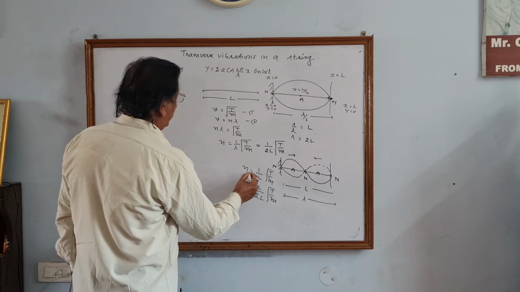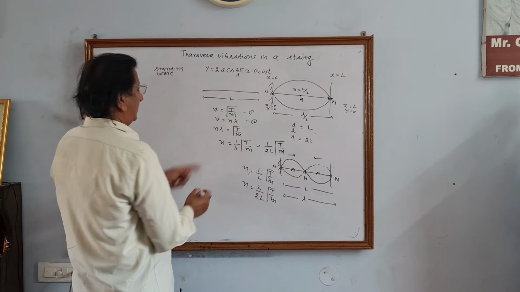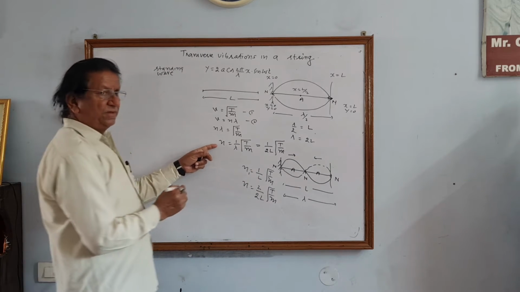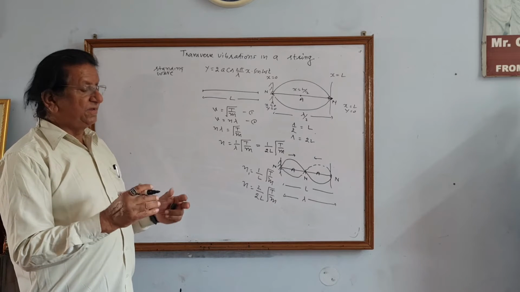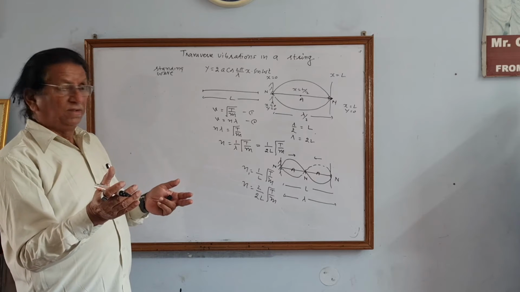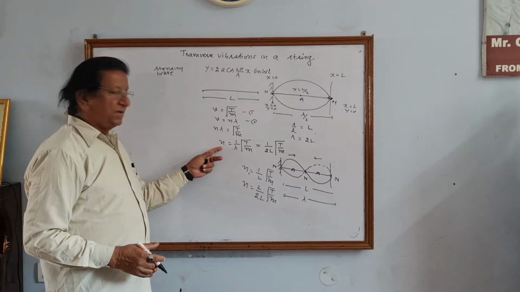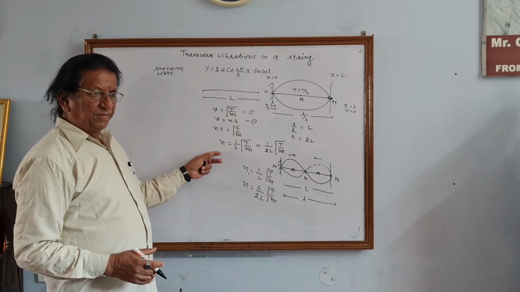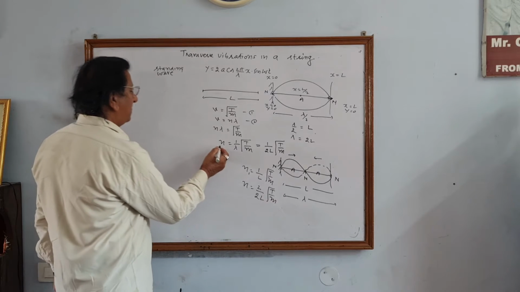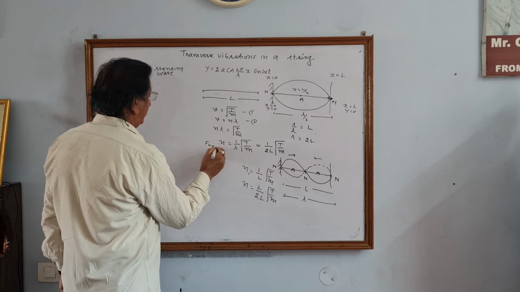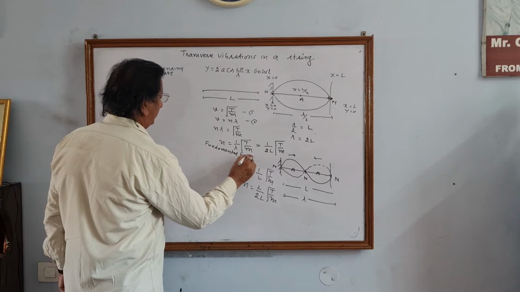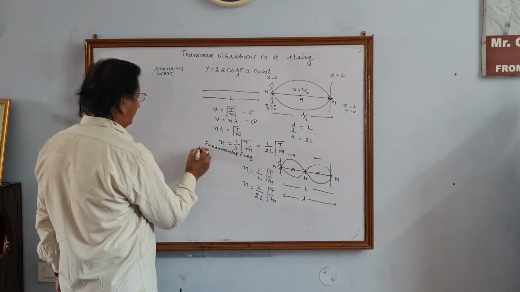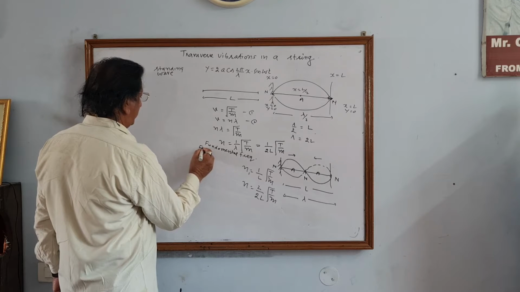Let it be N1. If this is N, this is the minimum frequency, lowest frequency with which string is made to oscillate. This happens only when string is made to oscillate in one part. Okay, you cannot make the string vibrate with a frequency lower than this. Minimum frequency. This is called fundamental frequency, or it is also given a name first harmonic.